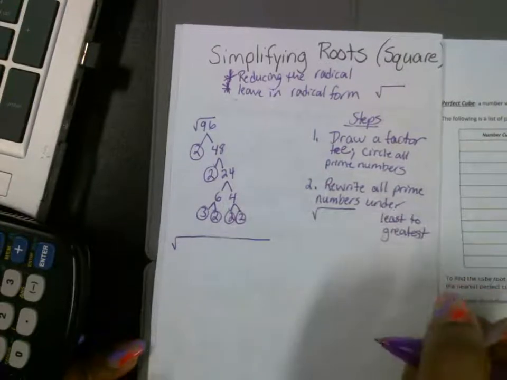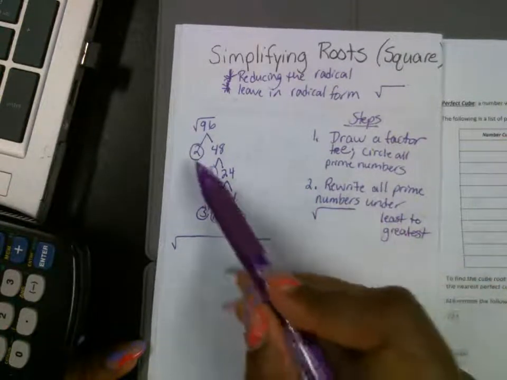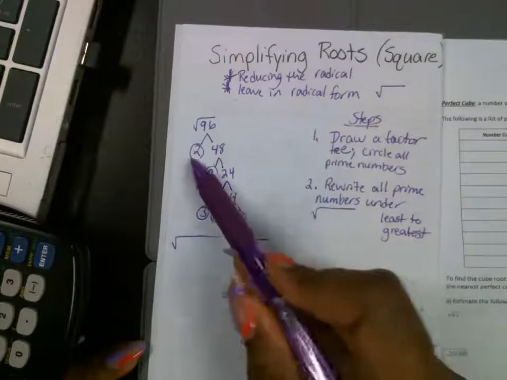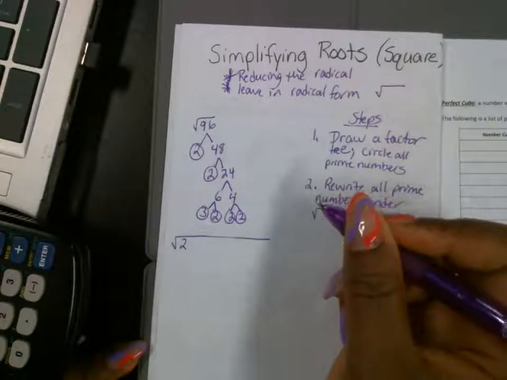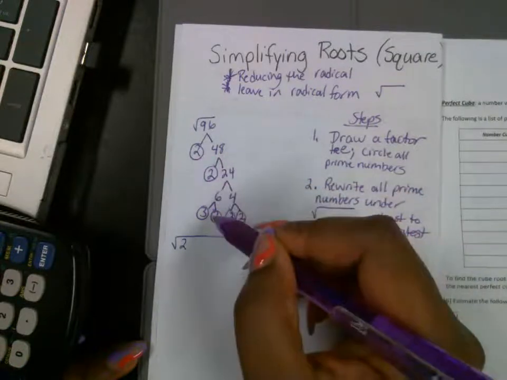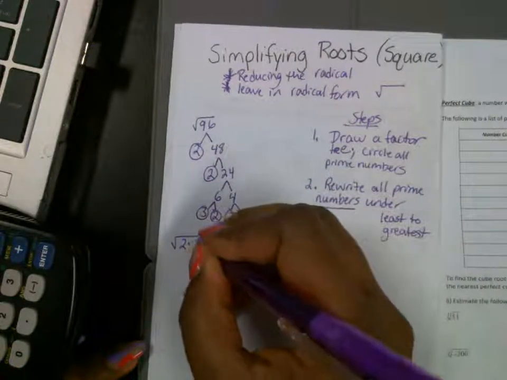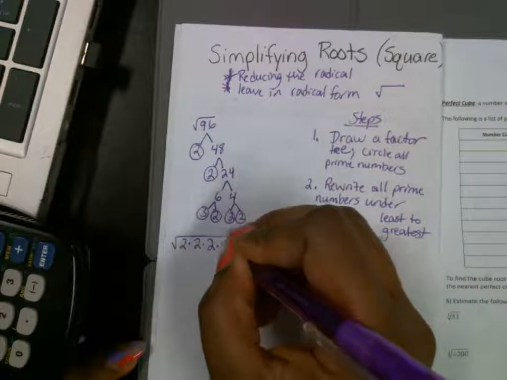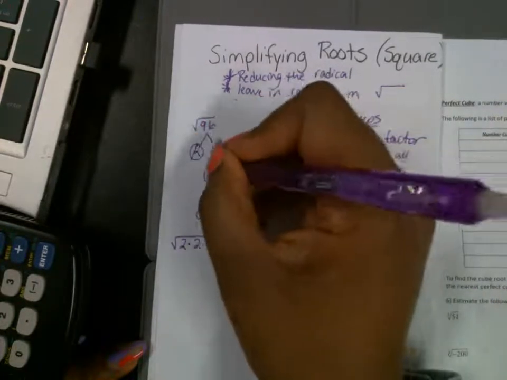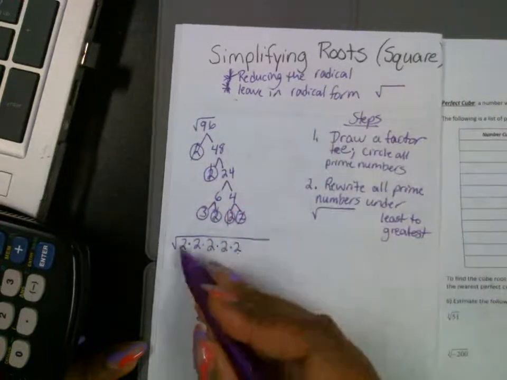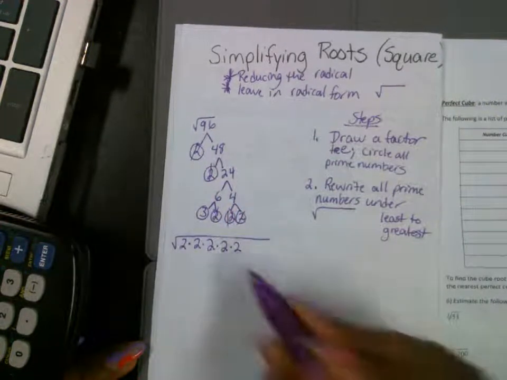The smallest circled number, or the smallest prime number, is 2. How many 2s do you have? 5. 1, 2, 3, 4, 5. Mark them out. 2 times 2 times 2 times 2 times 2.